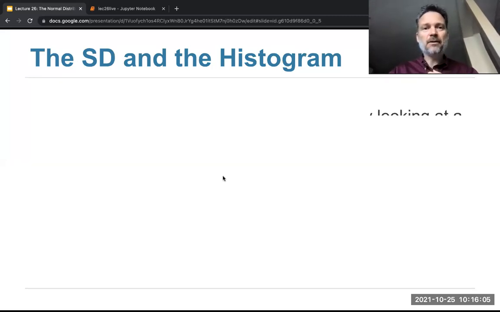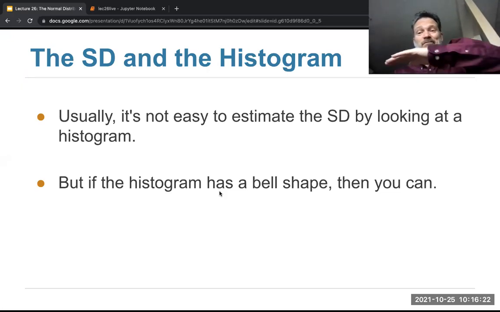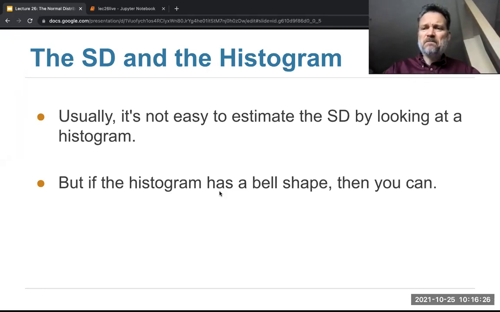Let's talk about the standard units and the standard deviation and the histogram. If you have a histogram of some data, typically you can tell where the average is. You look about the center, or where, if that was a bunch of weight, where the balance point would be. But it's often not so easy to just look at a histogram and estimate how large the standard deviation is.